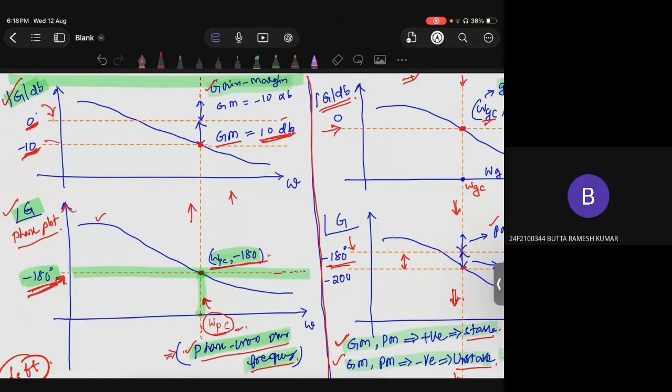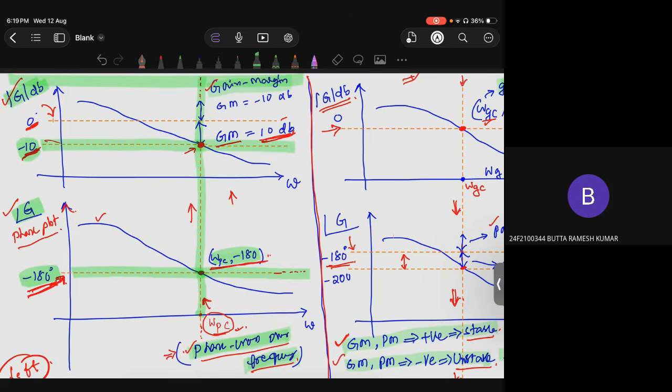Now, from your phase crossover frequency, extend that line to the magnitude plot and check where it touches your magnitude curve. This is the curve. Now check its horizontal line. The horizontal line has minus 10 here.